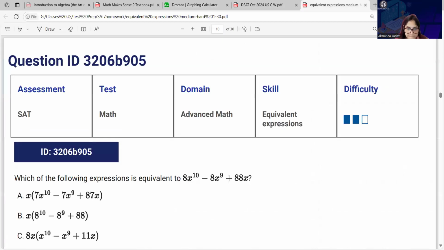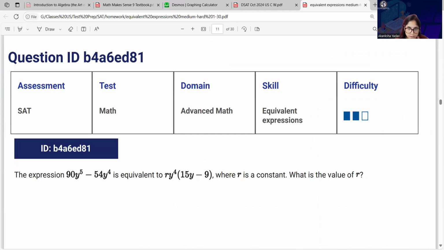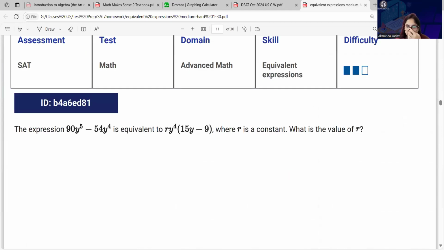Okay. This is also just comparing the graphs. This is also making equivalent. And then over here, your input variable is y. Though you can solve it without DESMOS also because it's a very easy question. But if you're doing it with DESMOS, you will replace y with y1 and now you will give the values of y1 because y is an input variable. How do we know?